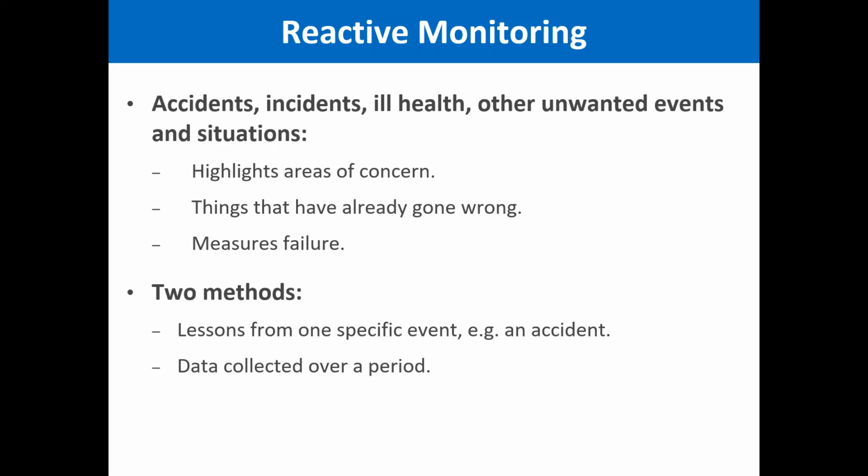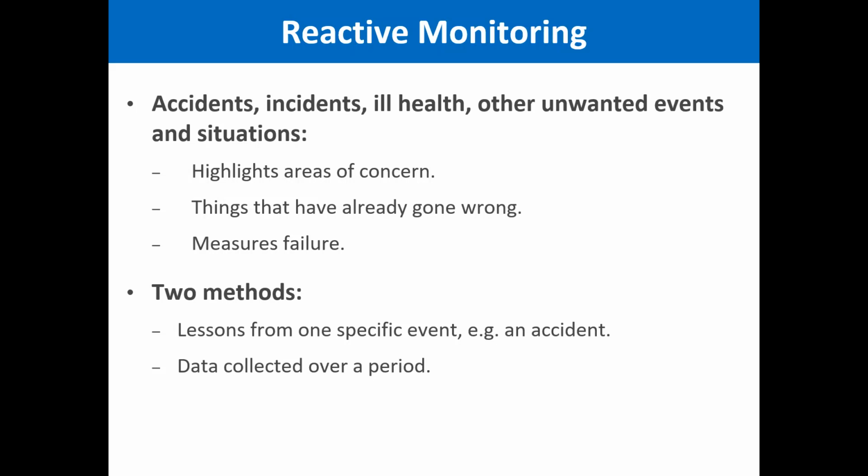So there are two common methods of reactive monitoring: learning lessons from an accident or incident which has taken place, and analysis of the data you have collected related to the accidents. You gather all the data and carry out trend analysis.